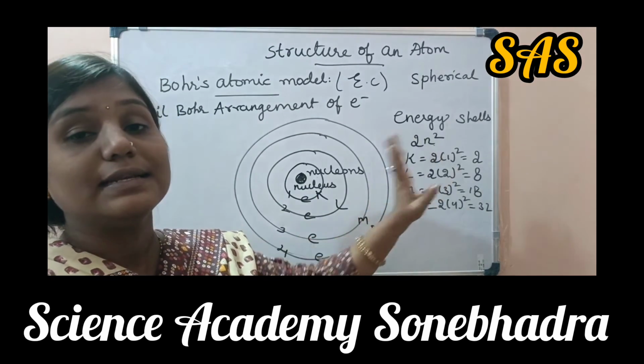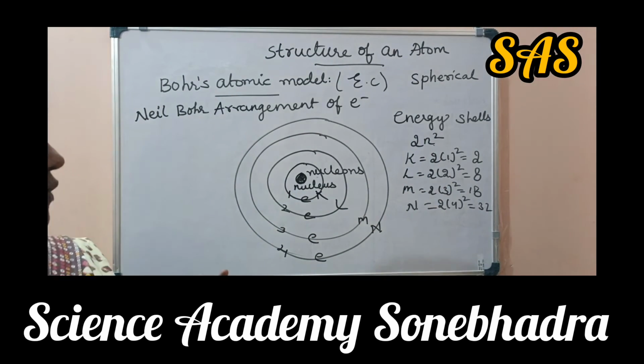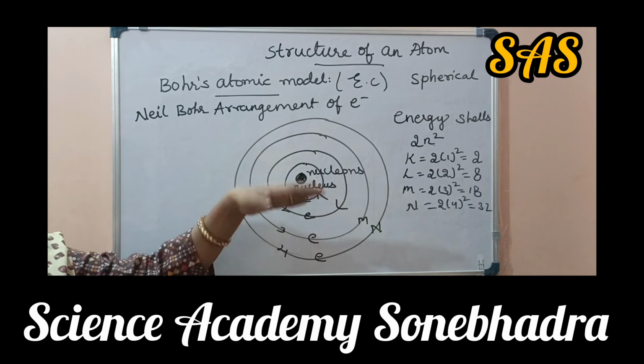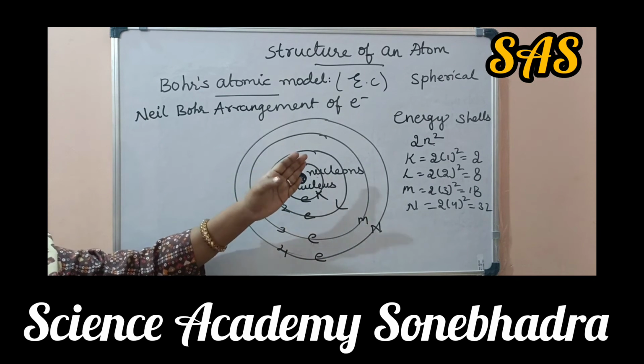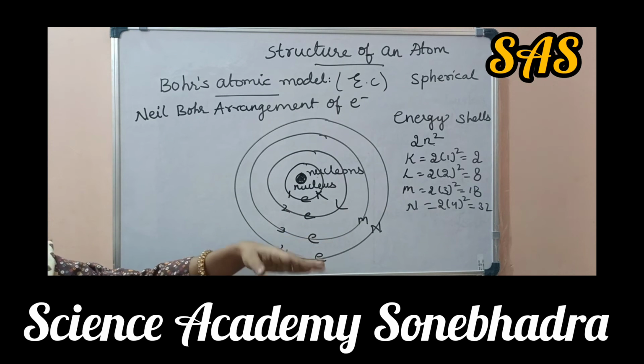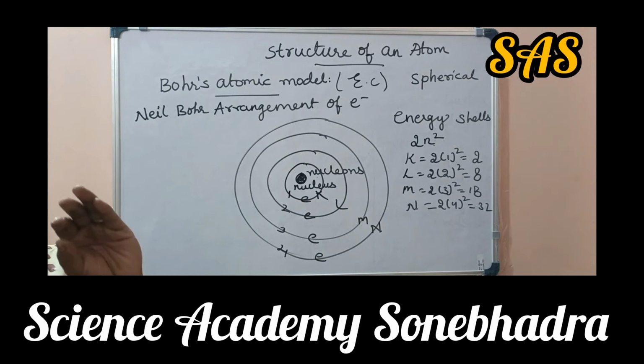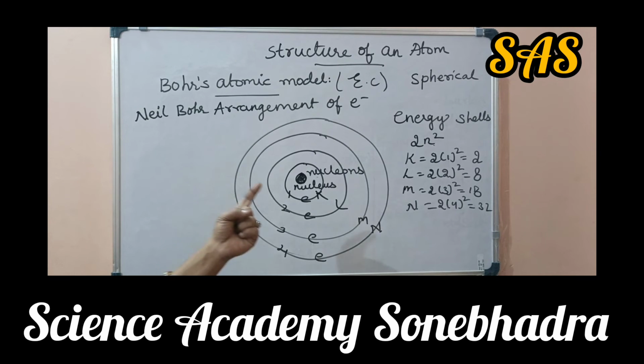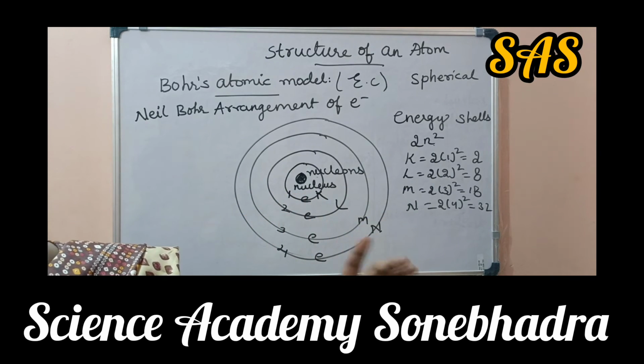Now, when we supply any amount of energy in the form of heat, light or anything, what happens? Electrons jump from a lower orbit to a higher orbit or higher to lower. If an electron gains energy, it jumps from a lower energy level to a higher energy level.